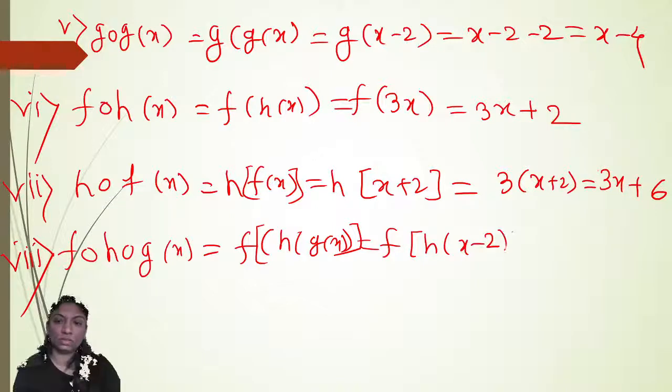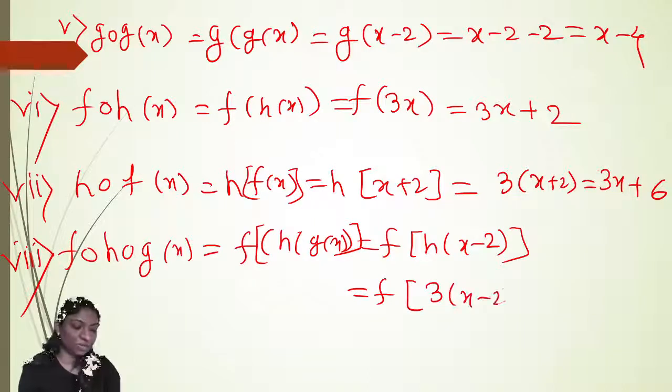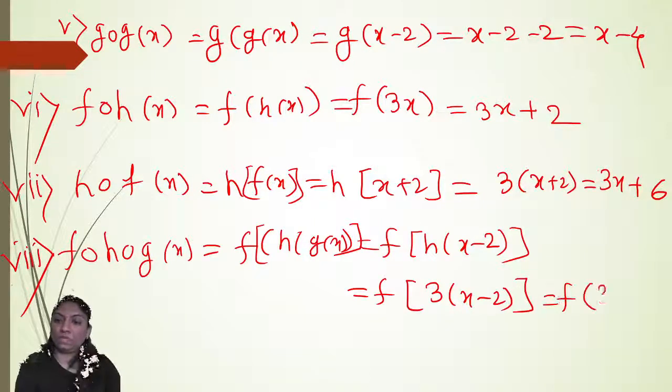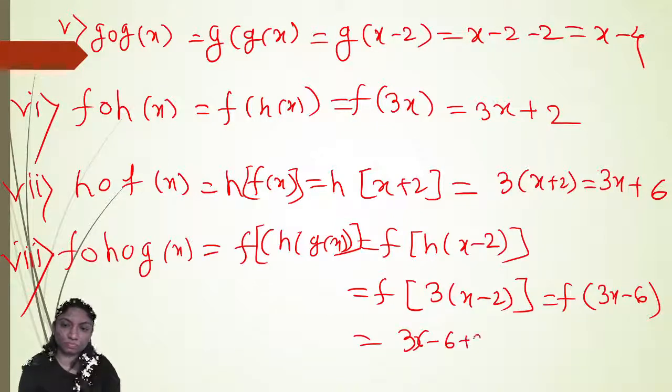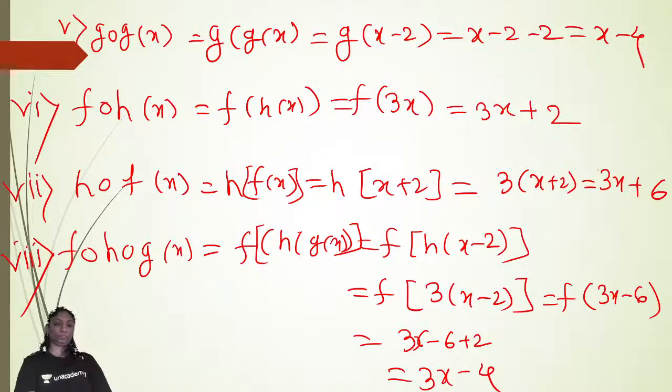Right? h of x minus 2 is 3 into x minus 2, which is 3x minus 6. So f of x is x plus 2, so x minus 4. Yeah.